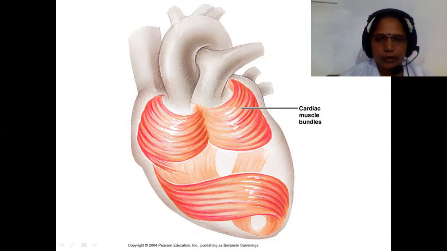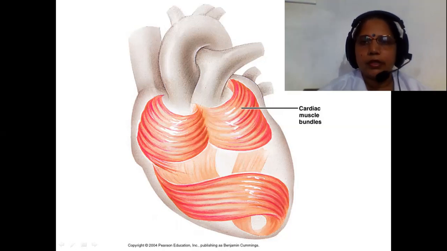During the histology of the muscles, we already discussed three muscles: skeletal muscle, cardiac muscle, and smooth muscle. So we already discussed its histology.